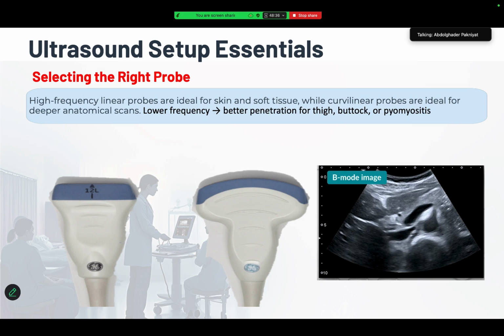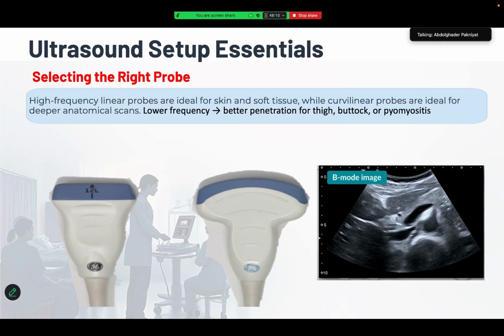So how do we do the ultrasound? First of all, always think about which probe we should select. In soft tissue infection, we are checking the superficial layer, so we need to use a high frequency linear probe, which is ideal for skin and soft tissue and gives us good visualization.